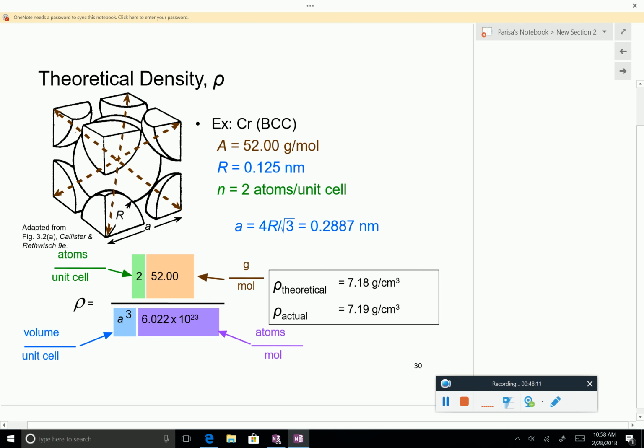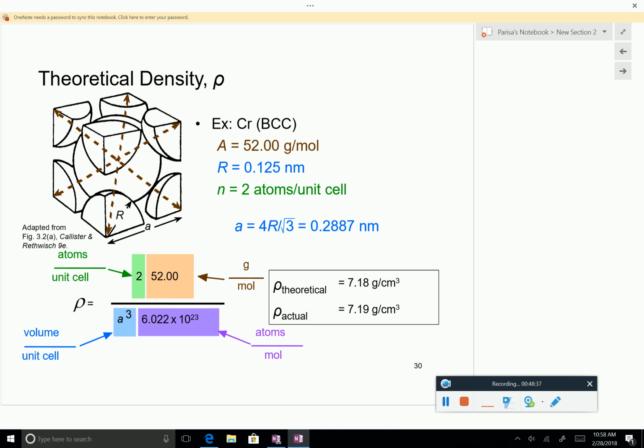Running out of time. So it is BCC, so we know we have 2 atoms per unit cell. This is gram per mole. It's very useful to write the units so you can see what's going on. This is atoms per mole. And here is A cubed.